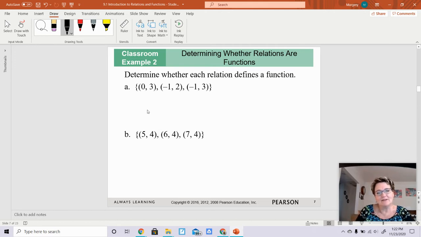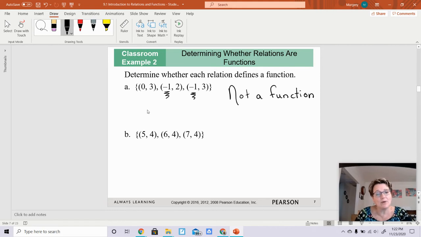So I have a 0, a -1, and a -1. If you notice, my -1s repeat. So this is not a function, because the X value -1 repeats.